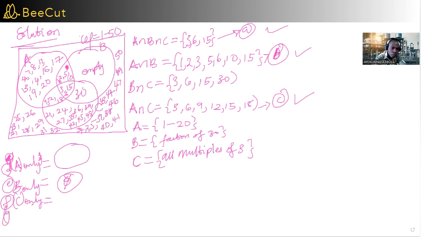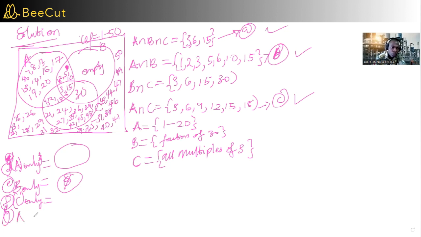So the next question, G, says find A intersection B only. Look at A intersection B. This is A intersection B, but the only that did not enter into C are the elements that are here. This 1, 2, 5, and 10.